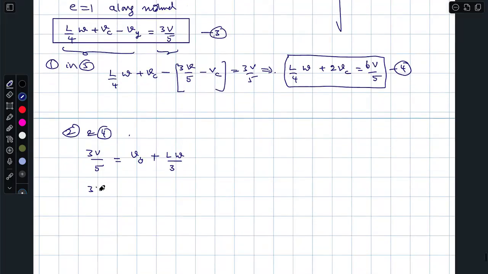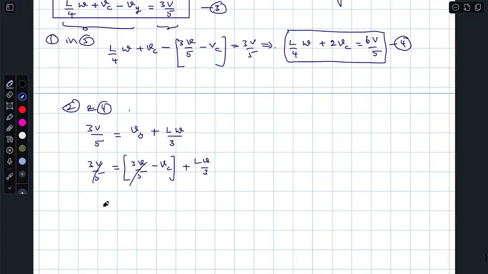So 3V by 5 is Vy, which is 3V by 5 minus Vc plus L omega by 3. Cancel. L omega by 3 becomes Vc.